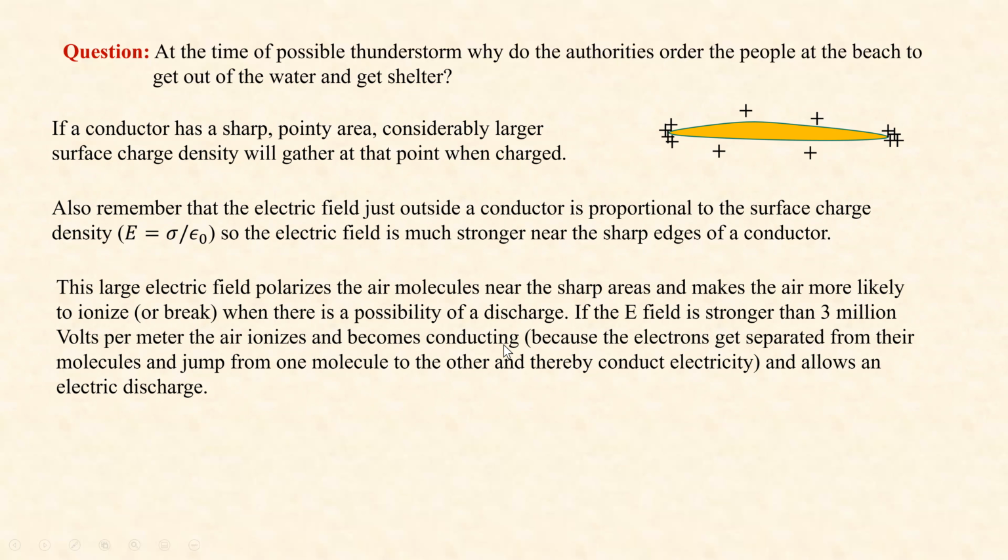That means the electrons get separated from their molecules and jump to other molecules, right? And therefore the gas becomes a conductor, conducts electricity, and that is the electric discharge that you see as lightning. Why it creates light is another story.